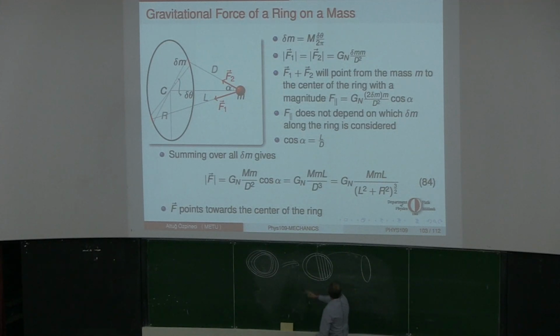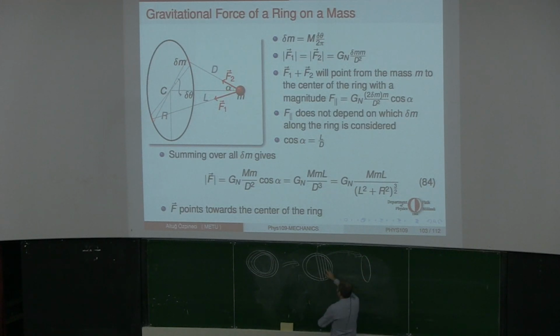So, in order to calculate the gravitational attraction caused by the sun, I can start with the ring. So, that is what we will study here first. We have a ring of mass with radius capital R, and we put a mass at a distance L from the center.